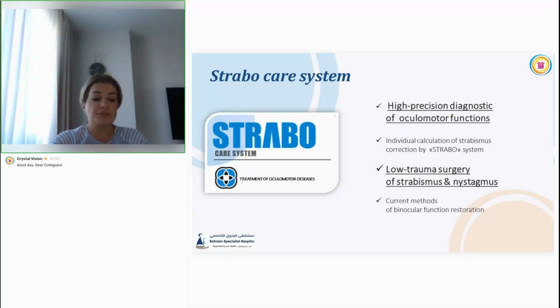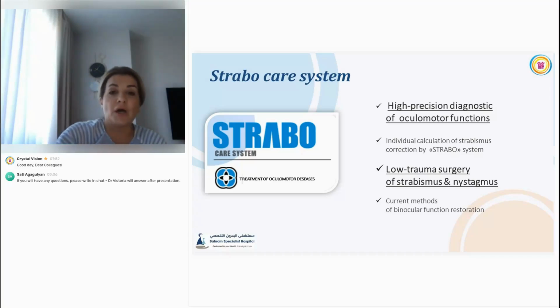So within this presentation, we will focus mainly on the minimally invasive strabismus surgery technique, and on the comprehensive diagnosis of eye movement disorders.